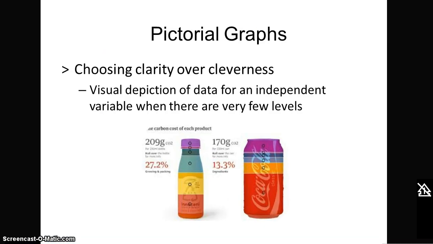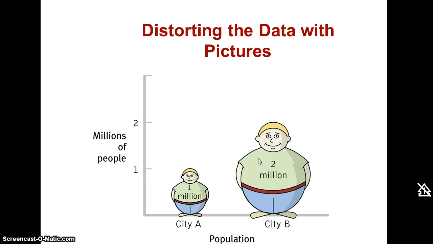resume our slideshow. Okay, so here's another example of a pictorial graph. And the problem with this particular graph, if you look at City A, its population is 1 million people, but City B's population is 2 million people, you'll notice that this graphic depiction of this little man is not twice the size of City A. Even though maybe it's twice in terms of one direction, the area that this graphic encompasses is more than this area.